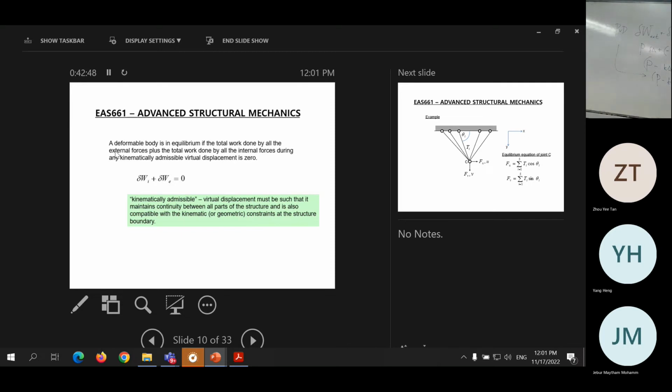A point which cannot move must stay there when you apply the virtual displacement. Later, as I mentioned, when we use PMPE to solve problems, we will see how we check for this requirement. So class, this is an explanation about the principle of virtual displacement.